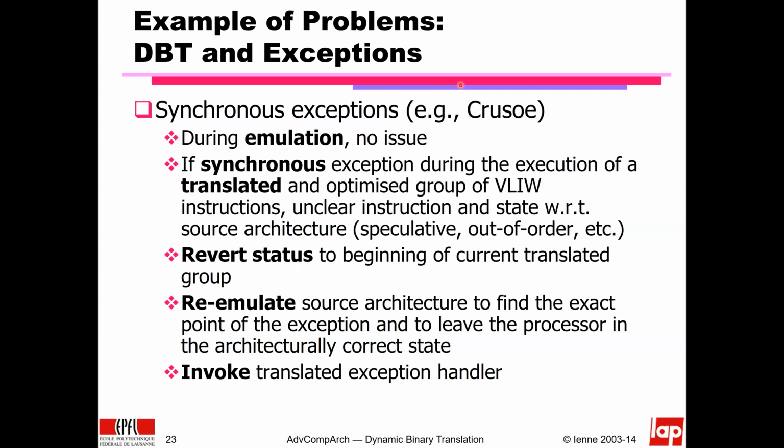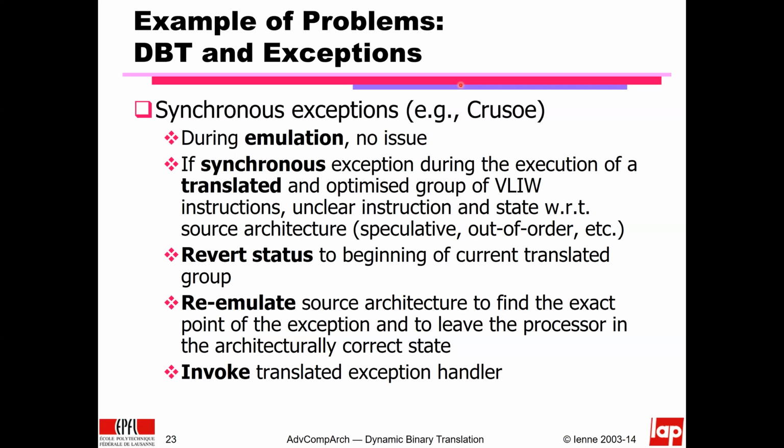So as soon as I am in translated code and I see a synchronous exception during translated code, what I want to do is go back and say, no, forget it. We cannot use the translation because something bad is going to happen. Remember, it is a synchronous exception, which means it happens every time I execute that piece of code.